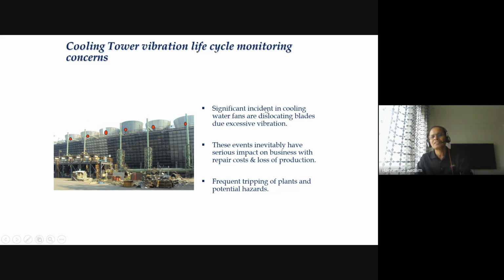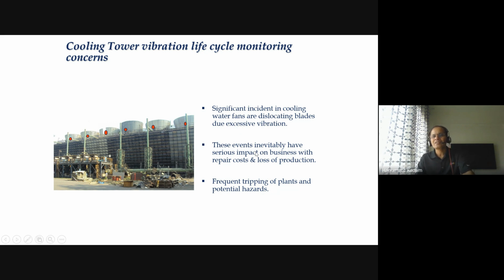A significant incident in cooling water fans is dislocating blades. Sometimes the blades of the fan get dislocated because of looseness of the fan bolts due to excessive vibrations.